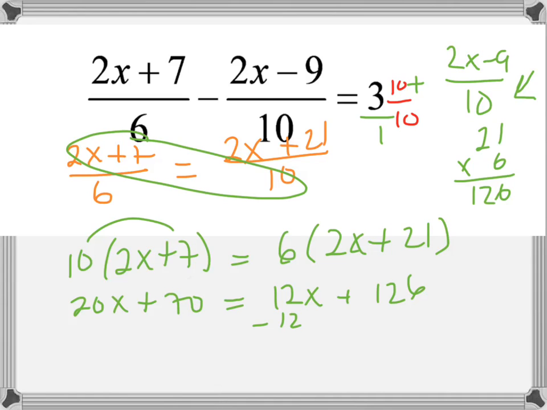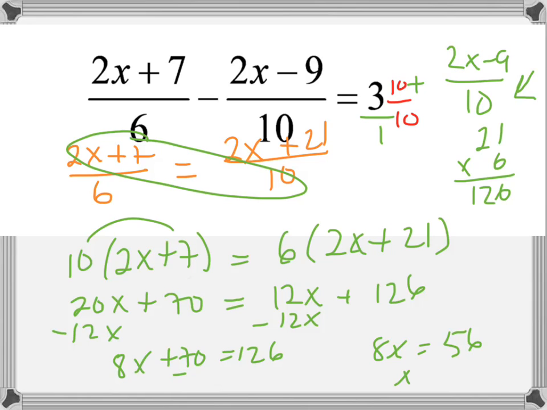So let's subtract 12x from both sides. So I'd have 8x plus 70 is equal to 126. So 8x is equal to, and then subtract 70 from both sides, I would get 8x equal to 56. Then if I divide each side by 8, I get x is equal to 7.